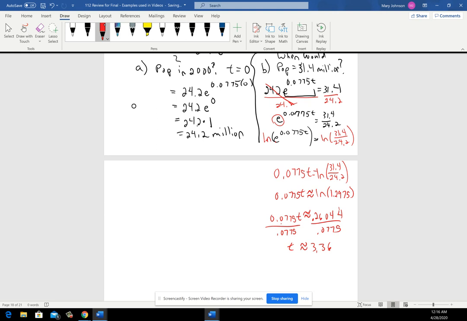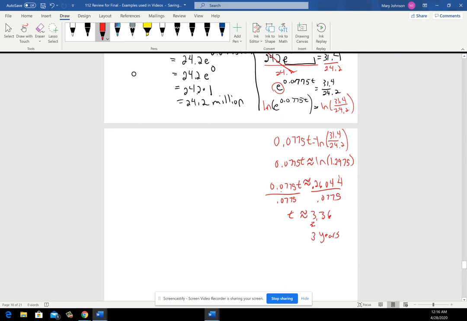Oh, it said nearest year anyway. So this is the nearest year. So that's less than 5. So it'd be 3 years. And it's 3 years after 2000, right? So my answer should be 2003 on that part B. Okay. All right. So let me stop that. That's the chunk of the exponential.